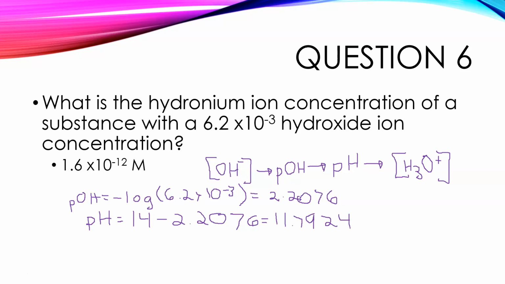That leaves us our last step of doing our hydronium ion concentration, H3O plus, which is set equal to 10 to the negative pH. Then we round to 2 sig figs because our starting number had 2 sig figs.